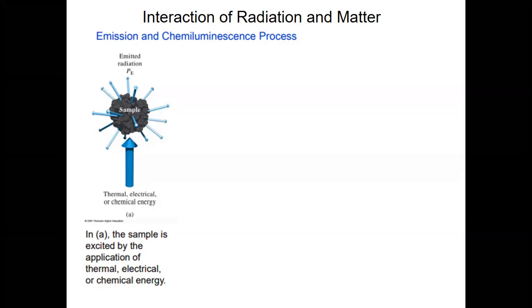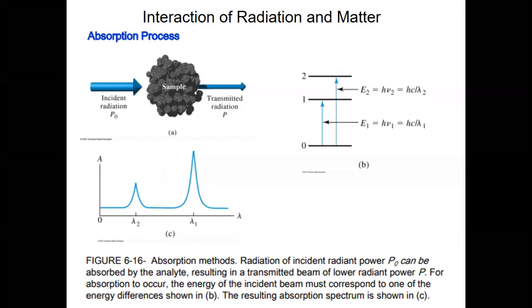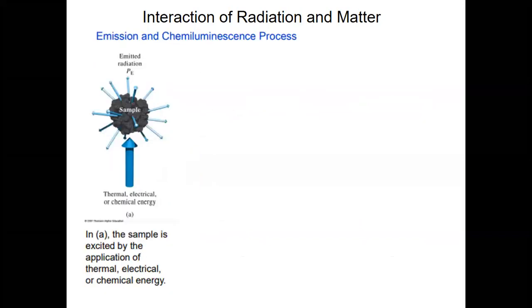And next, let's talk about how radiation interacts with matter. That is another most important thing when we talk about spectroscopy, because the main thing that happens is that when light or whatever radiation passes through the sample, it interacts with the analytes present in the sample.